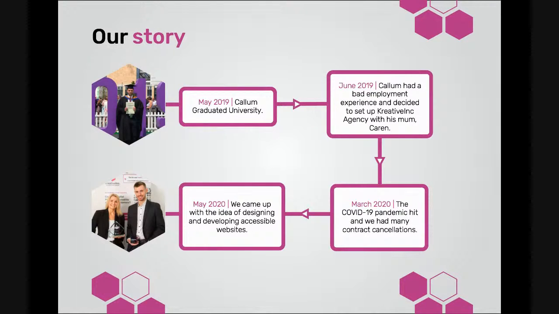Unfortunately, that turned out to be a very bad experience because the employer would not make any adjustments for Callum's autism. Callum is autistic, and therefore he had to leave after 3 weeks. Rather than taking that as a bad experience, we wanted to take it as a positive opportunity, and we started our agency, Creative Ink Agency, at that time.